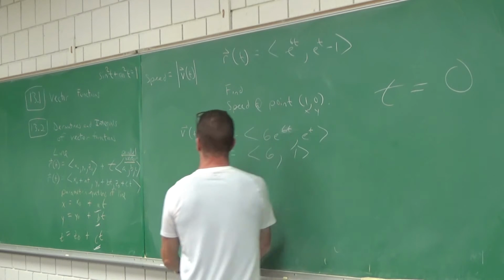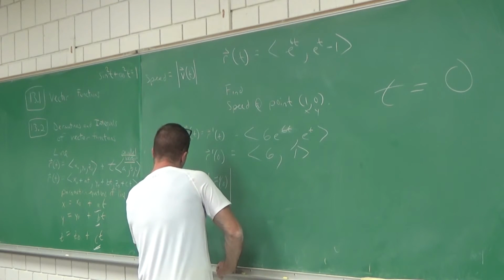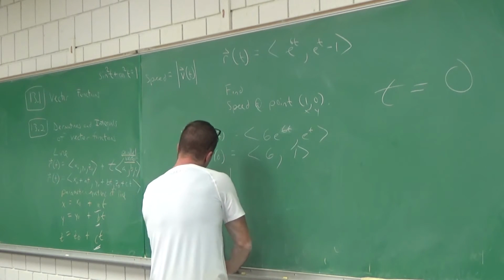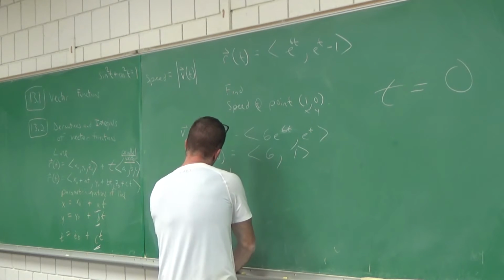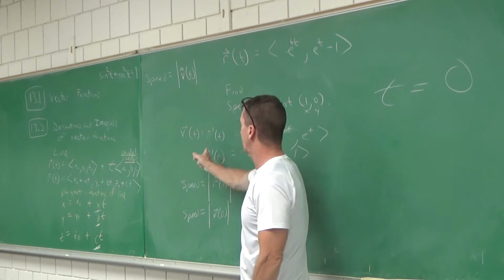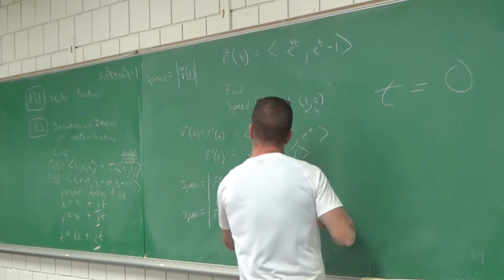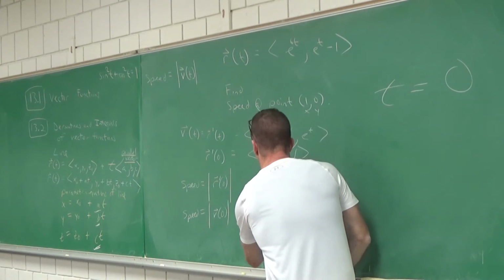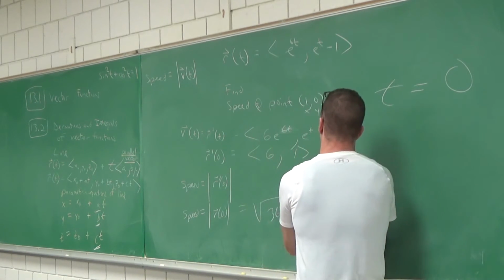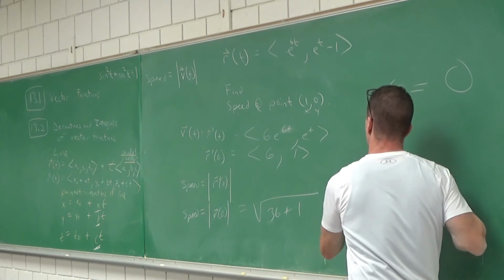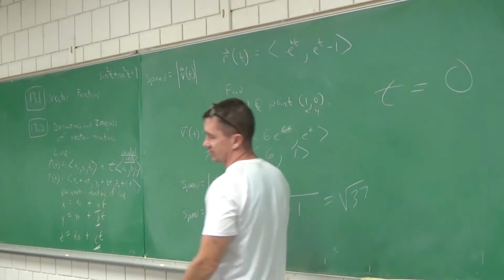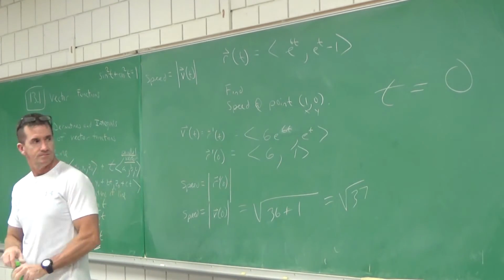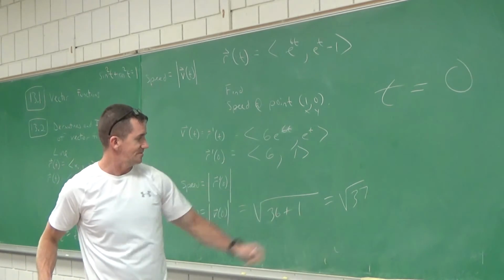Or you can write speed is the magnitude of v of 0, if you want to use v as the velocity vector. Square root of 6 squared plus 1 squared. There are no units, so we'll just put square root of 36 plus 1, which is 37.